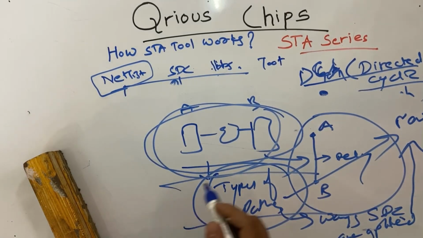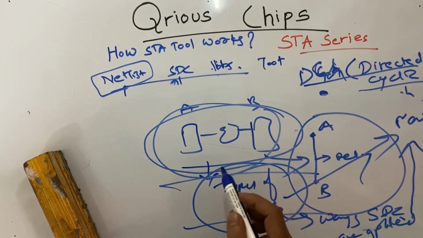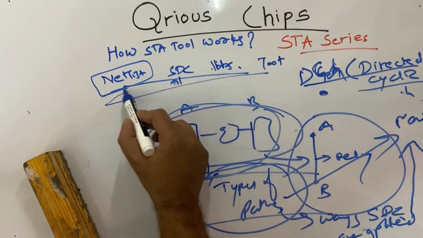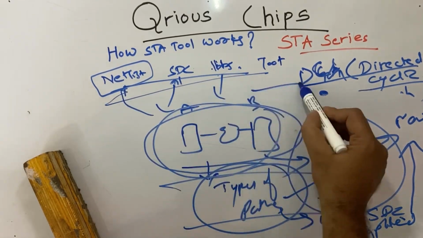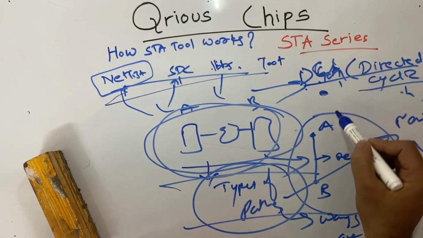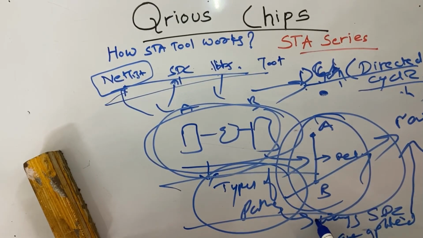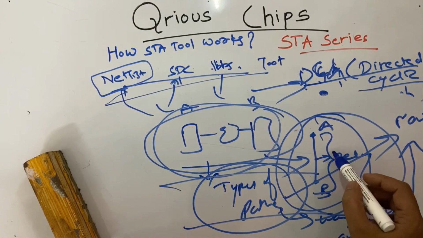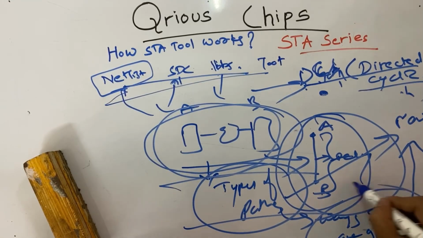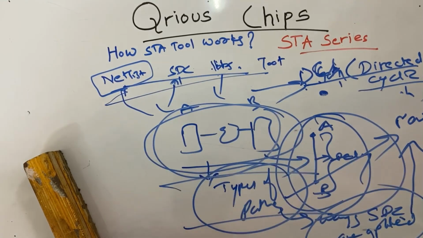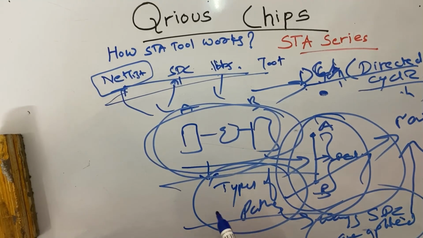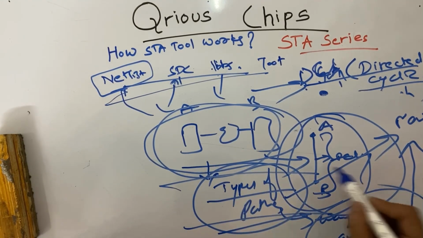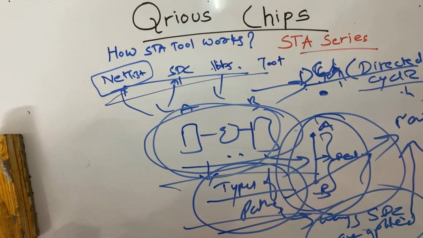So just for your understanding of the basic structure of the tool: the inputs are taken, converted into a directed cyclic graph, and the SDCs are applied on it, taking the delay values from the libs. So this is the overall structure of how the tool works. In the coming video we will discuss types of paths and how the SDCs are applied on these nodes. Thank you.